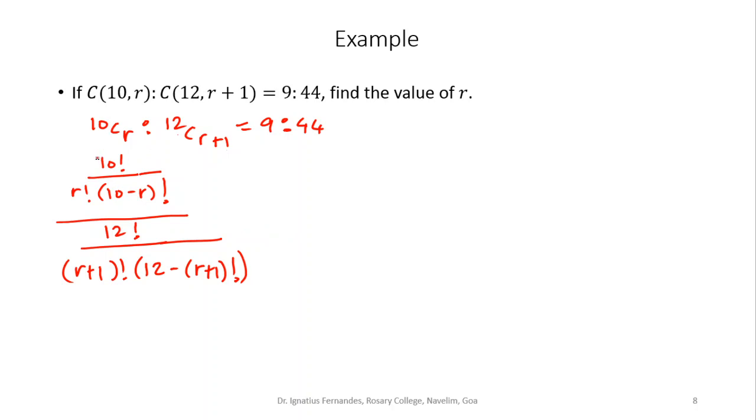So this is the ratio of 10 CR and 12 CR plus 1. The denominator is 12 CR plus 1, the numerator is 10 CR, and this has to be equal to the ratio of 9 and 42, 9 by 42.